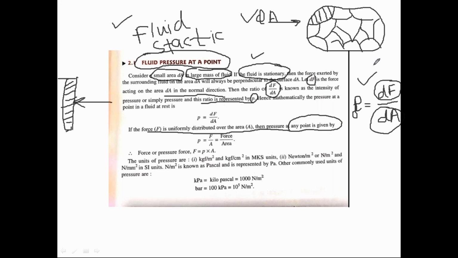If I take the summation of all these dF and the summation of all these dA, then I can write the intensity of pressure, or simply pressure, over the area by dividing by A, where F is a force uniformly distributed over the area capital A. You see, writing this expression, we use small dF and small dA.